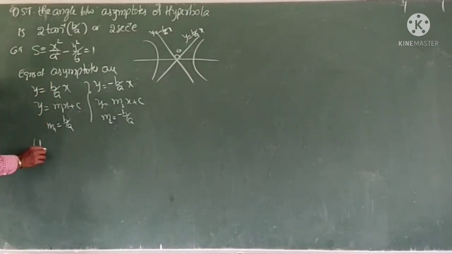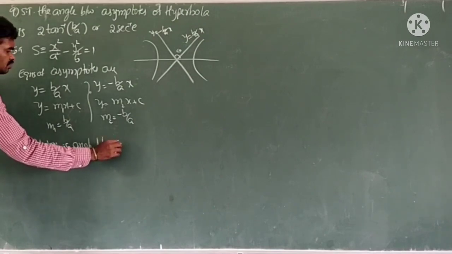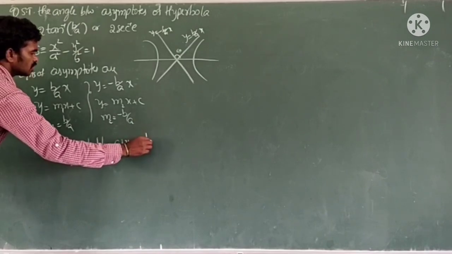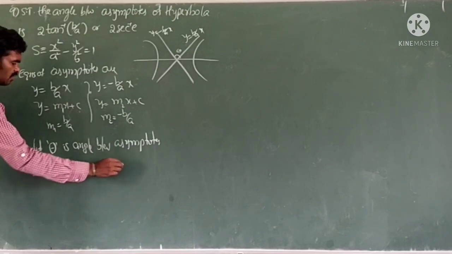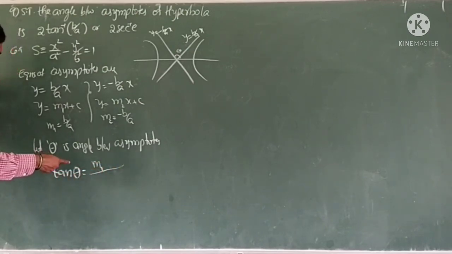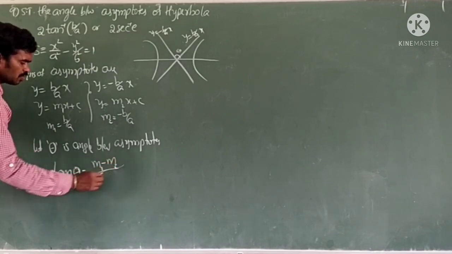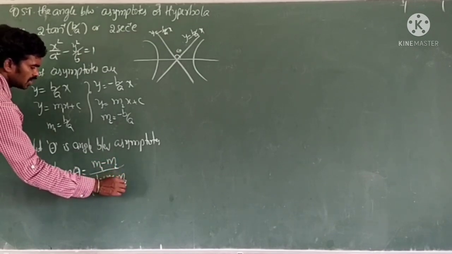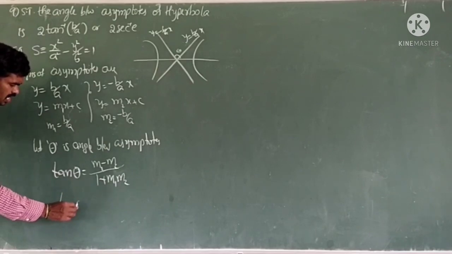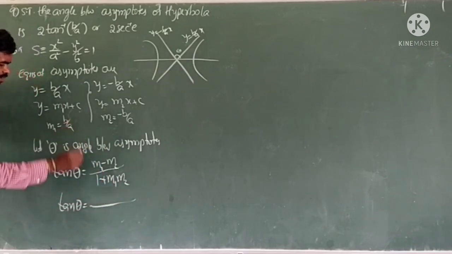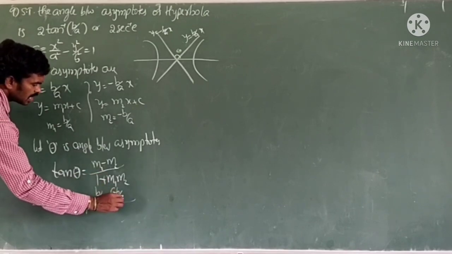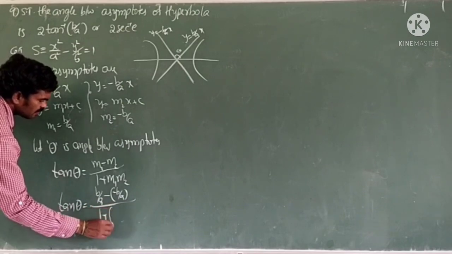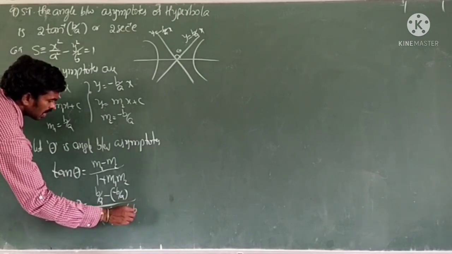Okay. So now let theta be the angle between asymptotes, then tan theta is, formula what? Angle between two straight lines formula in terms of tan theta is m1 minus m2 by 1 plus m1 into m2. So tan theta is equal, m1 means here b by a, next minus m2 means minus b by a, and 1 plus m1 m2 means b by a into minus b by a.